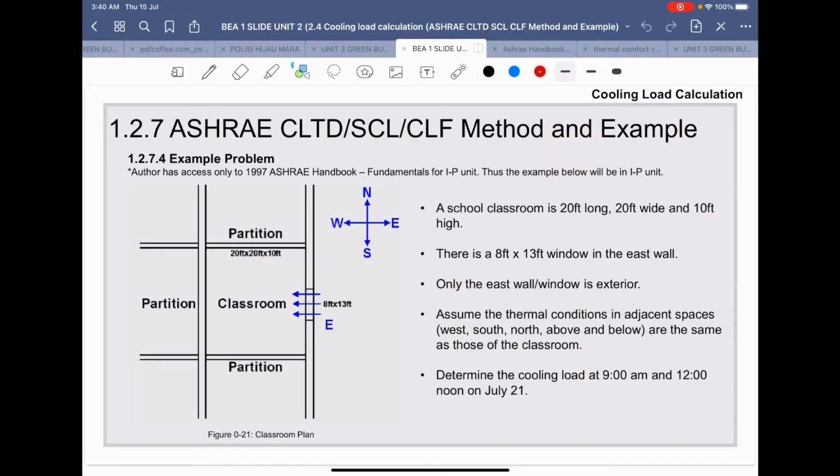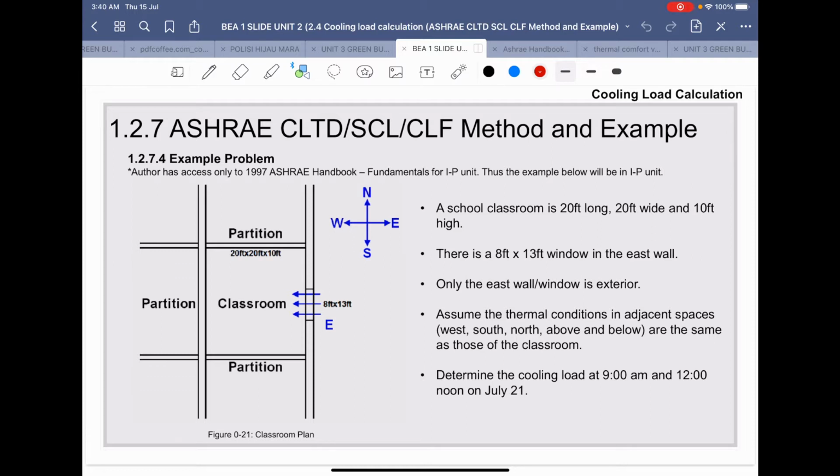Hi guys, today I want to share with you all how to manually calculate building cooling load using the ASHRAE CLTD, SCL, CLF method and example.